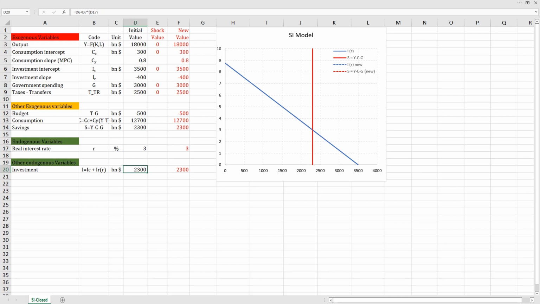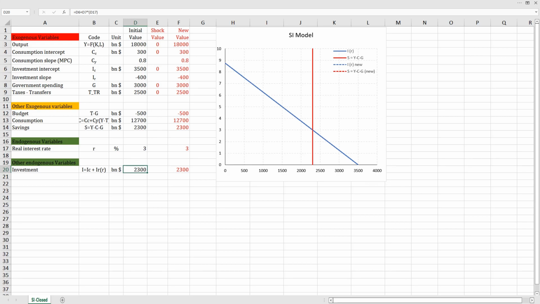So in equilibrium, savings and investments are 2,300 and the interest rate is 3. On the vertical axis we are measuring the interest rate, so that's 3%, and on the horizontal axis we are measuring billions of dollars. So in this case it would be 2.3 trillion dollars, which is savings and investments. Now let's shock the system.